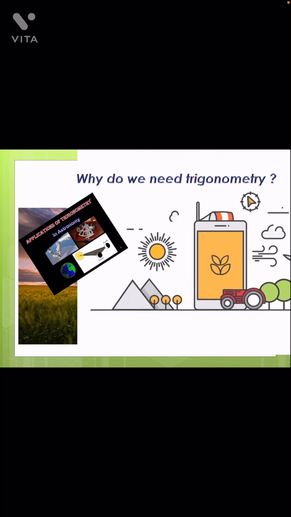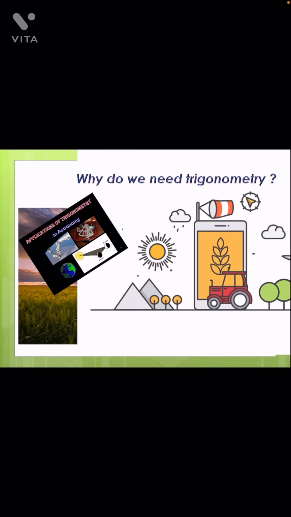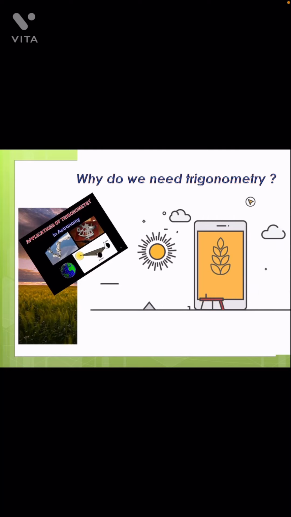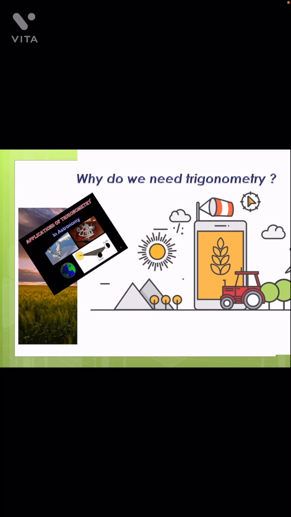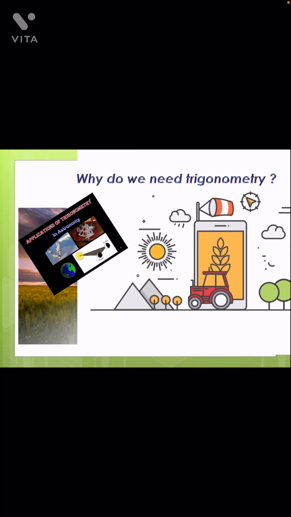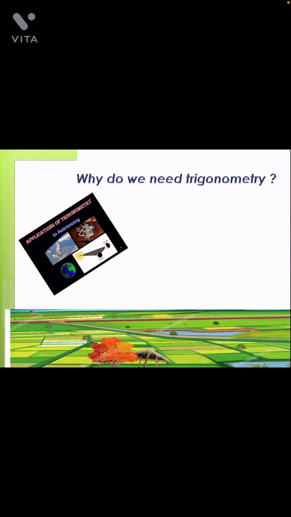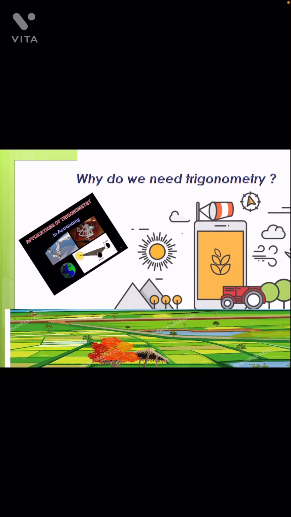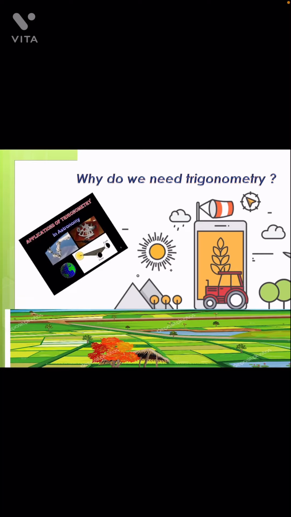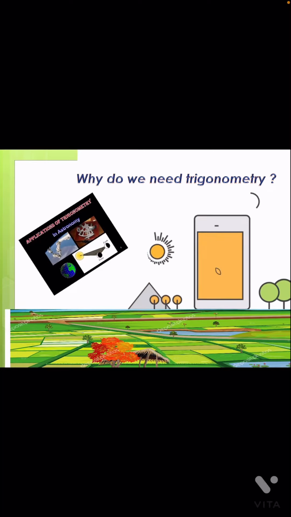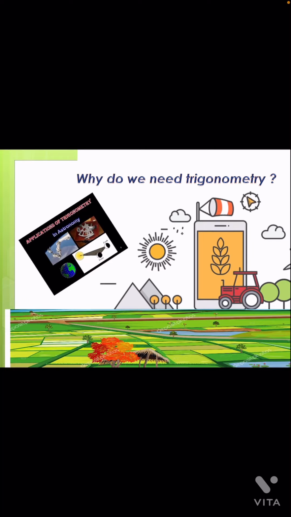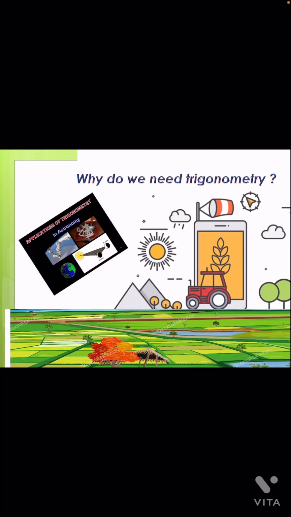So, astronomy plays a major role in the agricultural field. For that, we need mathematics, especially geometry and trigonometry. In that way, trigonometry has a wide range of applications in real life.